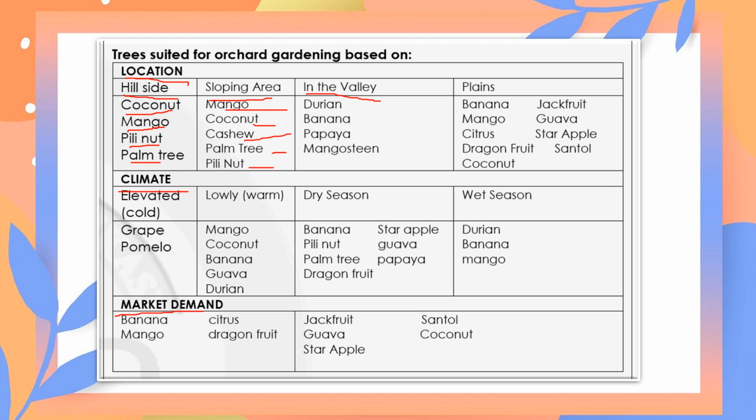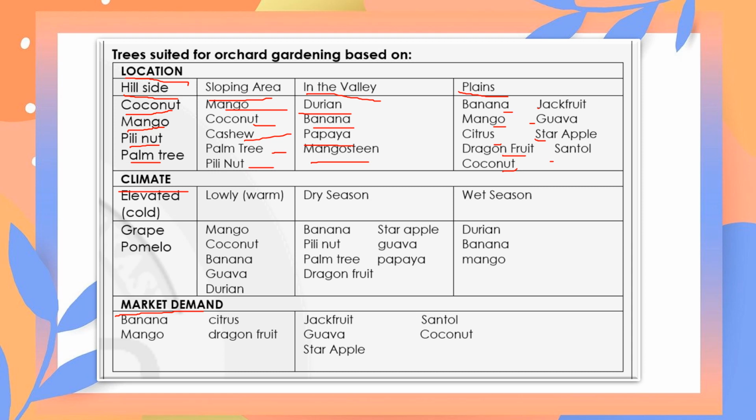When we say valley, ito yung lambak or mabababang lupain. So we have durian, banana, papaya, and mangosteen. How about in plains? Pag sinabing plains, ito yung mga patag na lugar. So we have banana, mango, citrus, dragon fruit, coconut, jackfruit, guava, star apple, and santol.